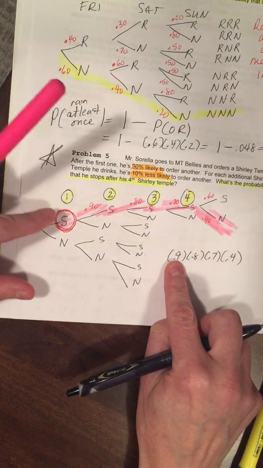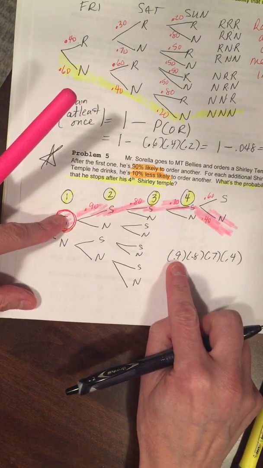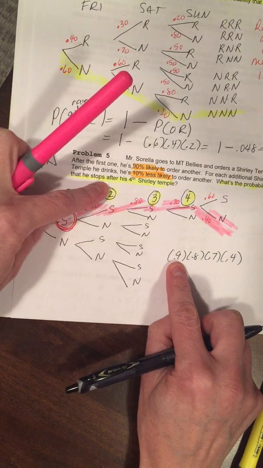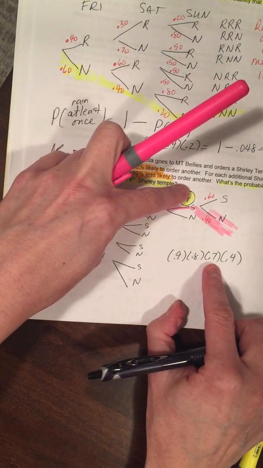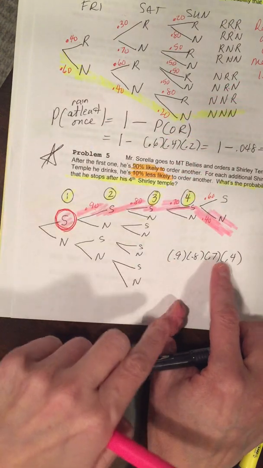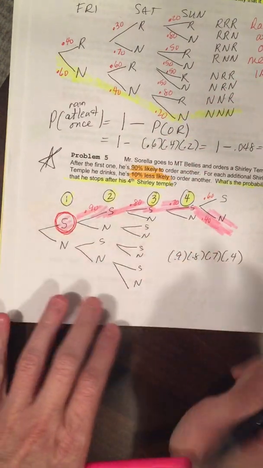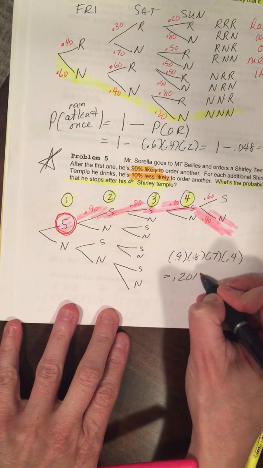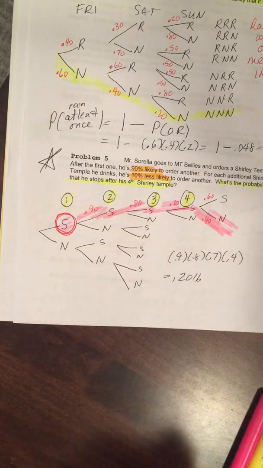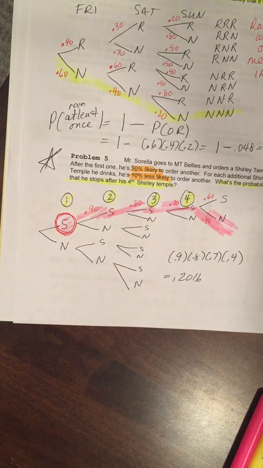So he drinks the first Shirley, 90% that he has the second, 80% that he has the third, 70% that he has the fourth, and then 40% that he stops. Very cool question. 20.16%, that's what he does when he goes to Empty Bellies.